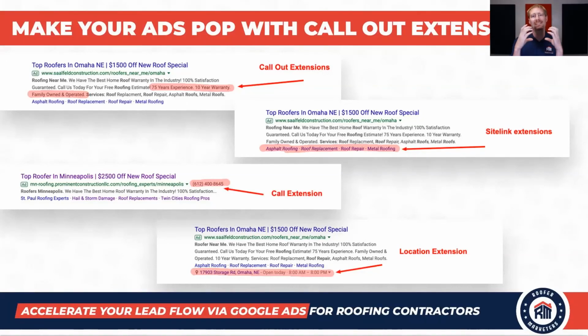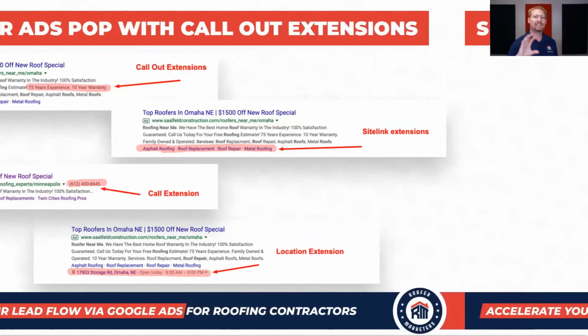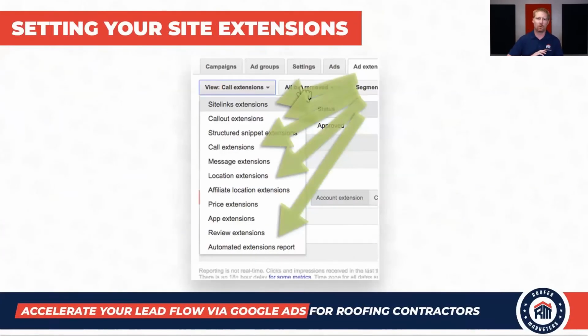So your ad stands out a lot more, but it gives extra opportunities to create a conversion. These are all set in the Google Ads dashboard through your ad extensions. So you can set up all these different types of extensions on there.